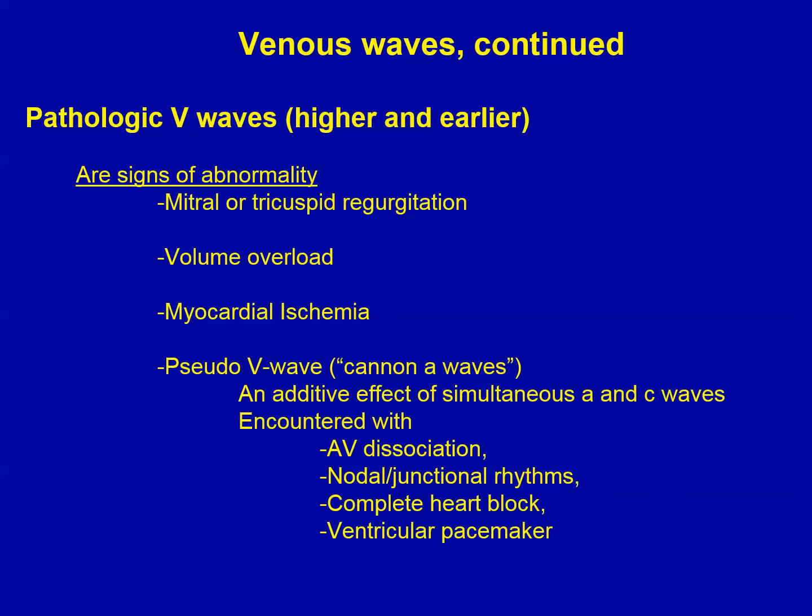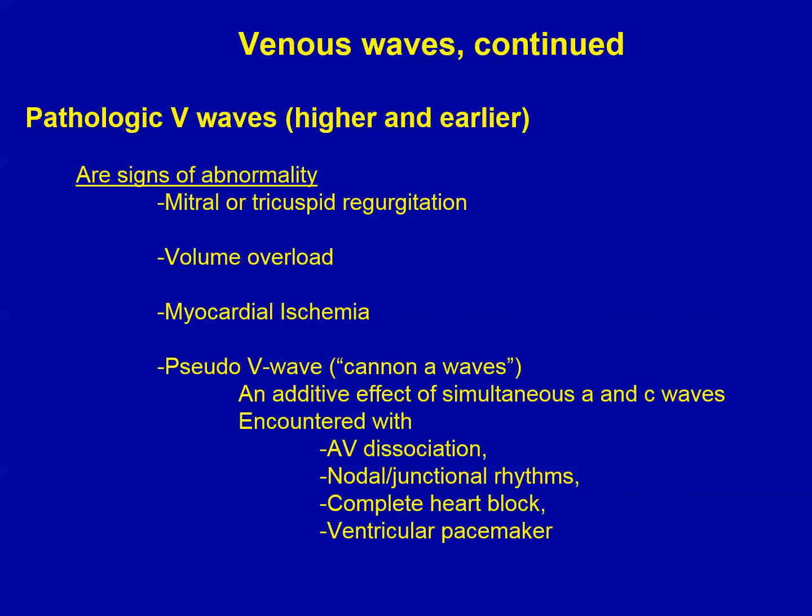But of particular importance to us are the so-called pathologic V waves, which are higher and occur earlier than the physiologic V waves, because they are a sign of some kind of abnormality, most commonly mitral regurgitation, but also of volume overload and myocardial ischemia.